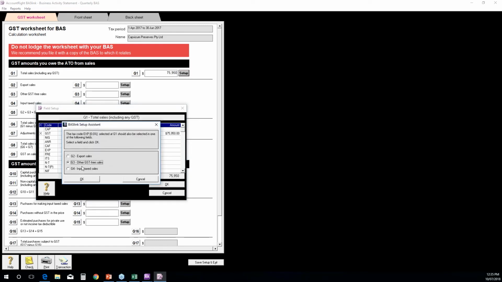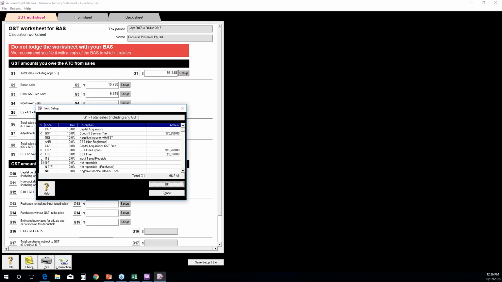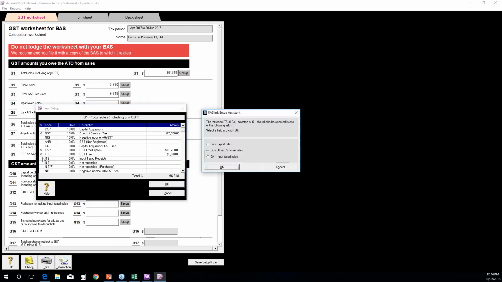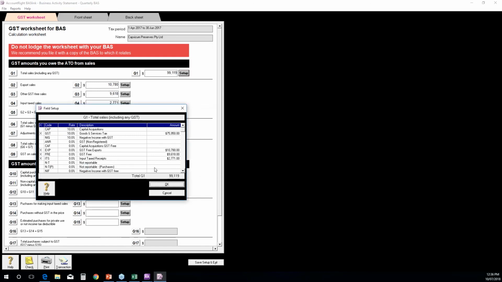If you click, it will ask, this does not trigger GST, so where do you want me to put this amount as non-GST sales? It will go to export sales, which is the G2, right? Export sales, EXP tax code. Free, it will go to GST-free sales. ITS, input tax sales, it will go to input taxed sales. Non-reportable, don't even report. Keep going, negative income, no.